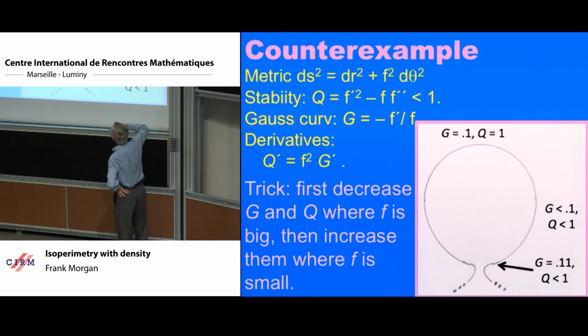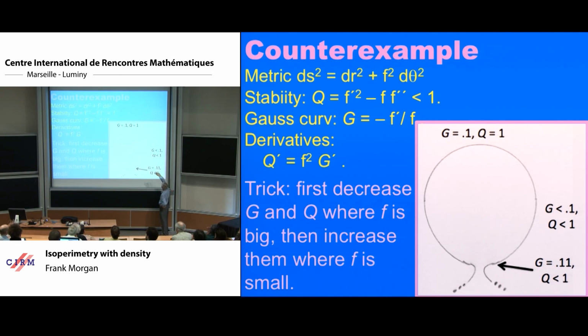So if you first decrease where F is big and then increase where F is small, you can end up with G bigger and Q smaller and get this contradiction, so that small isoperimetric regions are just circles down here and not circles about the origin. So that's not true.